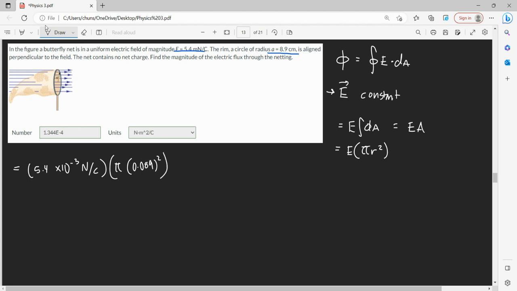And what does that give us? That gives us 1.343 times 10 to the negative 4 newton meter squared per coulomb. Nice and easy.